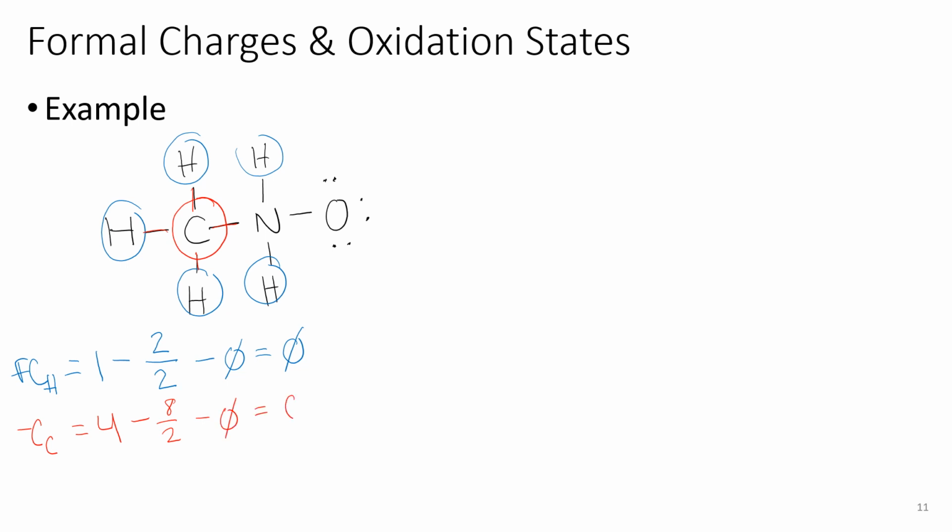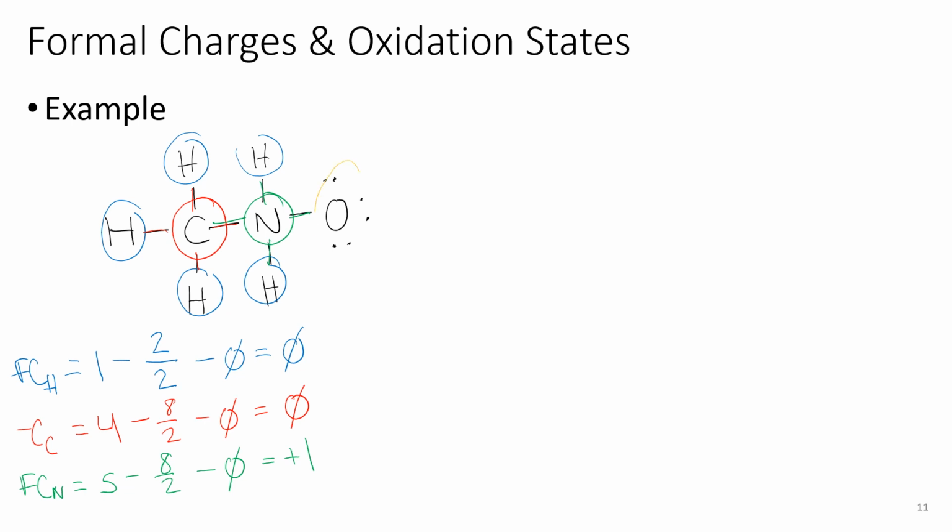So the formal charge on carbon is also going to be 0. Next, let's look at nitrogen. Nitrogen has 5 valence electrons. In my structure, it has 2, 4, 6, 8 bonding electrons, which we'll divide by 2, and it does not have any lone pairs. So the formal charge on nitrogen here is going to be +1.